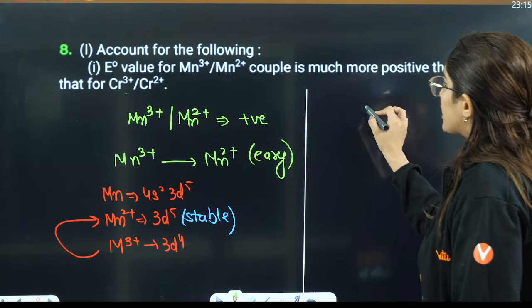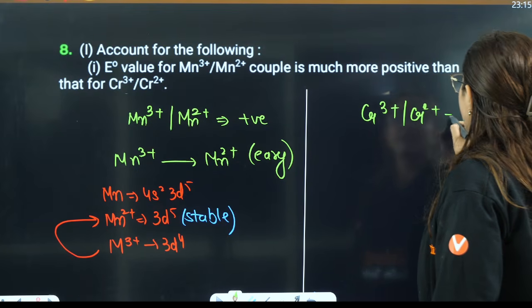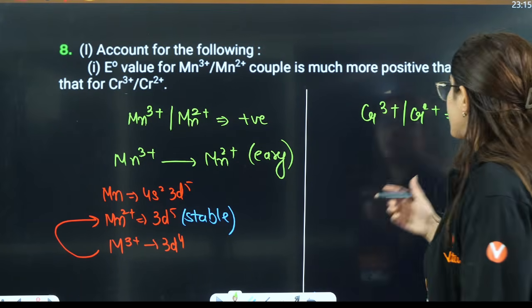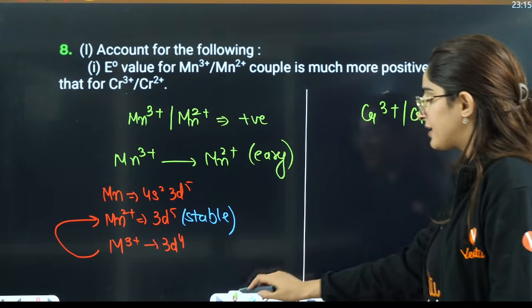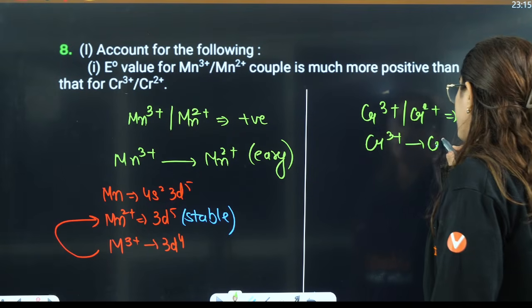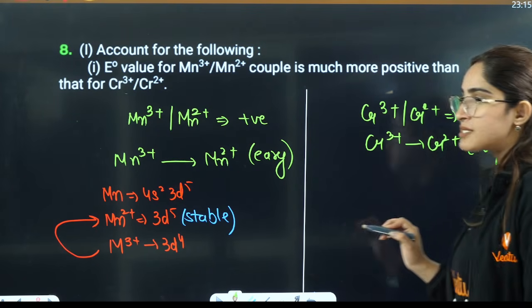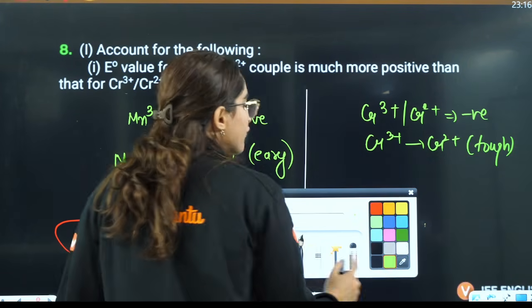Now chromium 3 positive to chromium 2 positive is less positive, we can take it as negative, that it is tough. That means it is not easy, it is difficult to achieve.